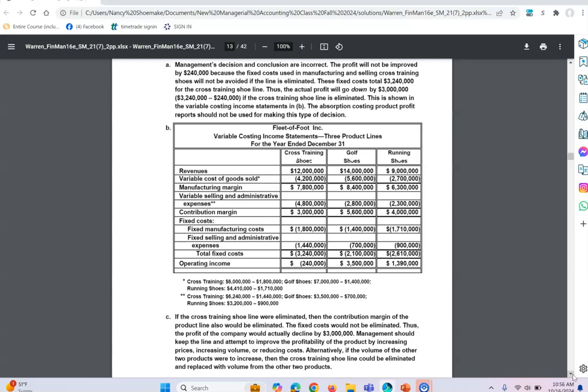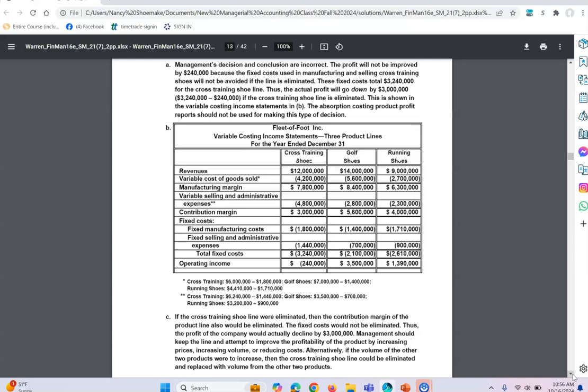Even though they eliminate the shoe line, they're not going to eliminate the fixed costs. So those fixed costs totaling $3,240,000 for the cross-training shoe line are still going to be there. The actual profit is ultimately going to go down by $3 million if they eliminate the training shoe line.